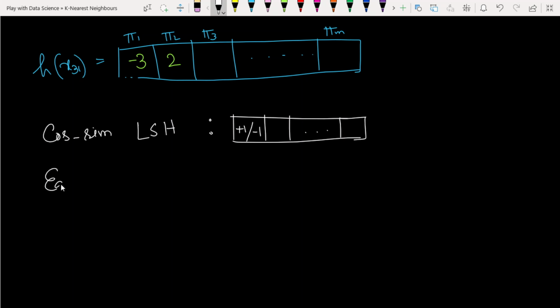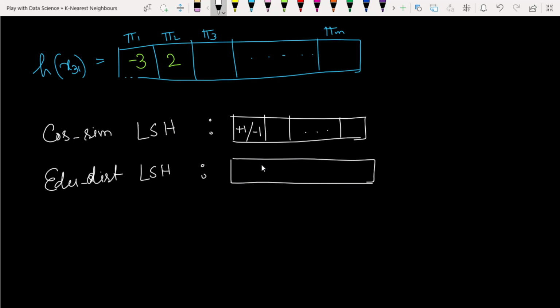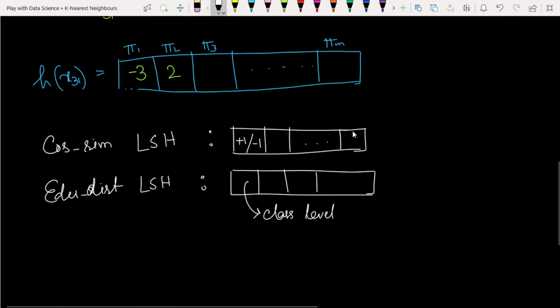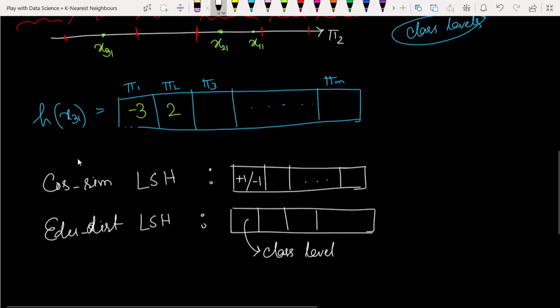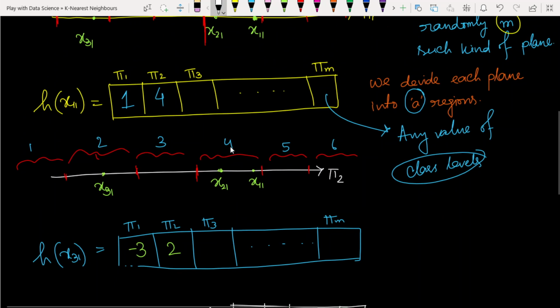But if you consider the Euclidean distance locality sensitive hashing, then this value will be the simple class level. This is the main difference between the cosine similarity LSH and the Euclidean distance LSH.